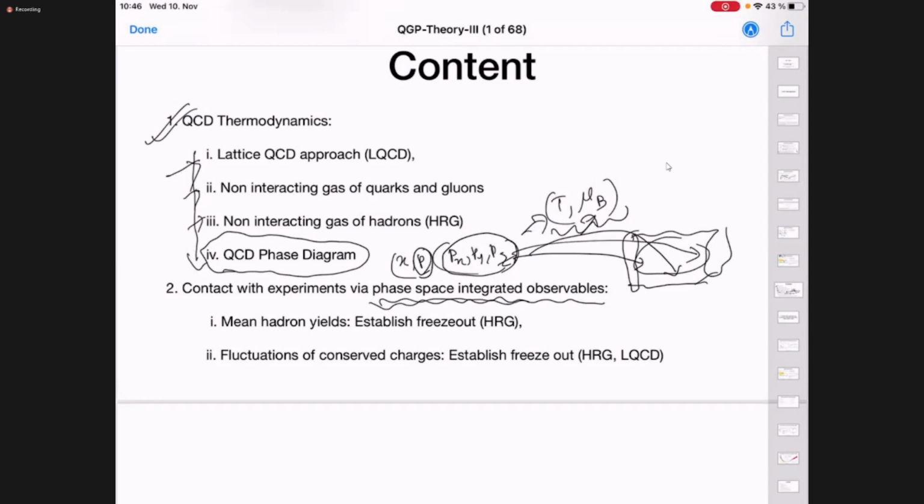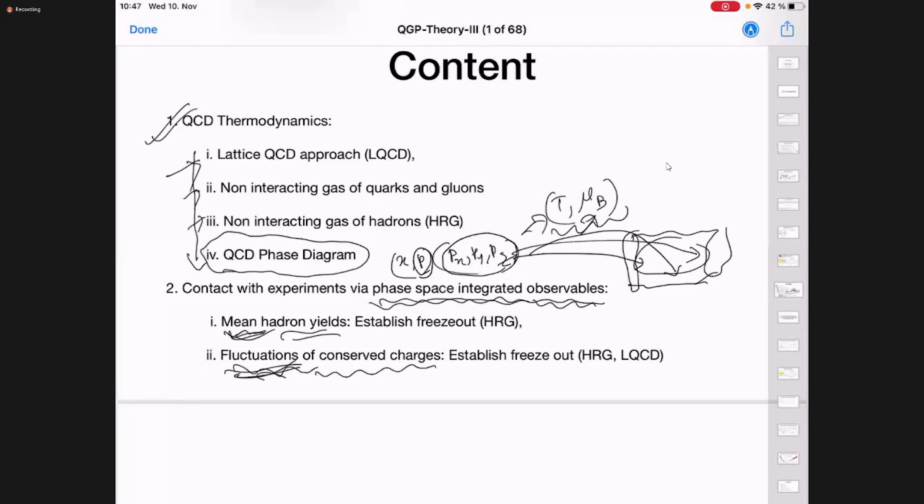Once we integrate out the momentum space, or the phase space, we typically have observables, say yields. Yields have been in the business for a long time, and recently, not very recently, but still recent in terms of the progress of the field, we are also dealing with fluctuations. So mean has been there for quite some time, and lately we are also dealing with fluctuations.